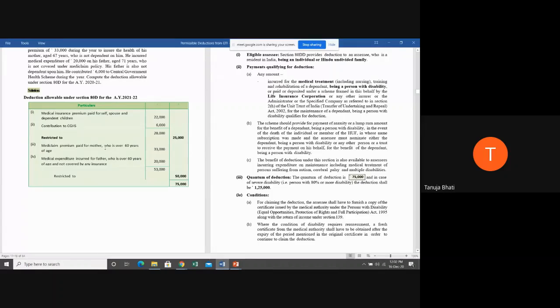Next, medical premium paid for mother who is 60 years of age, that is 33,000. Medical expenditure incurred for father who is over 60 years and not covered by any insurance, 20,000. The total for parents comes to 53,000, but it is restricted to 50,000. So the maximum deduction that he's going to get under section 80D is 75,000. Students, is this sum clear?